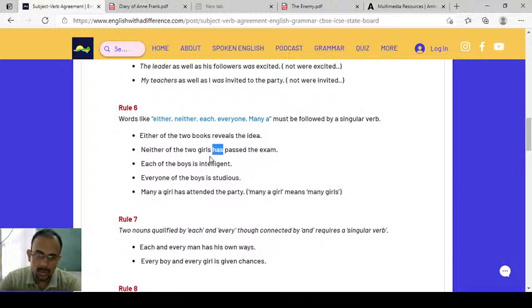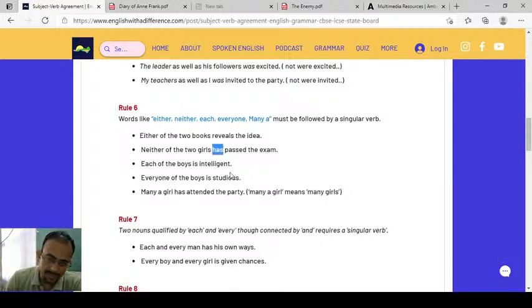Because according to the rule, whenever we have words like either, neither, each, everyone, many, with which the sentence begins, the verb will agree with all of them, not with the plural subject that is close to them, right? So please do remember, therefore it should be has.